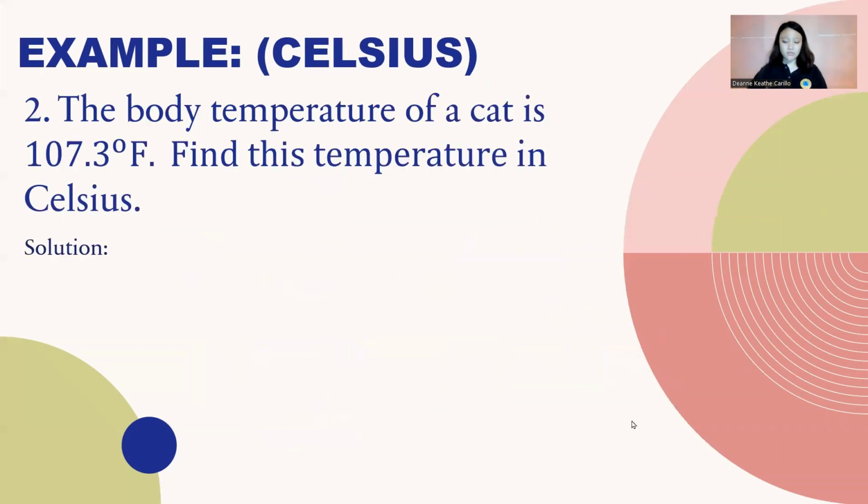Next example is number 2. Let's write the formula first. 5/9. I'm sorry, I mean temperature Fahrenheit minus 32. The next step is to copy the 5/9 first, and let's find the temperature Fahrenheit.